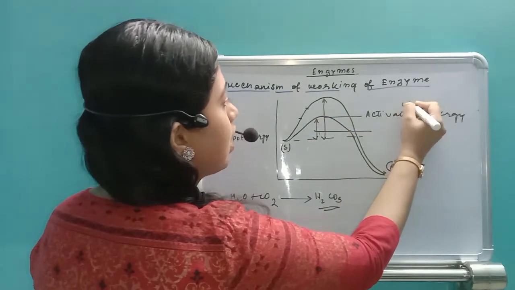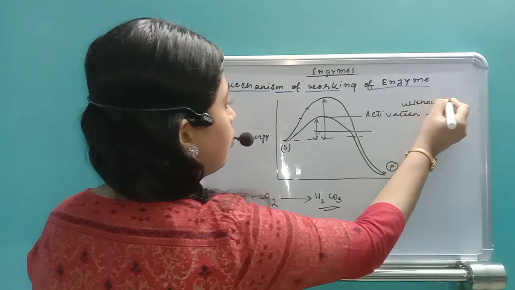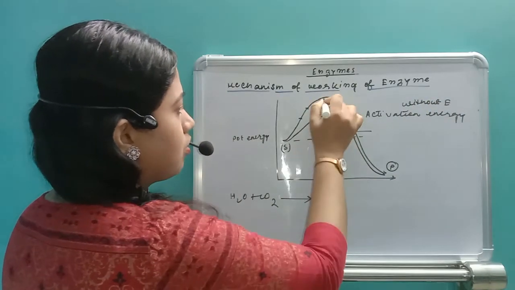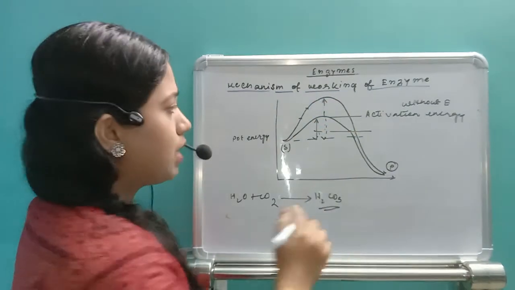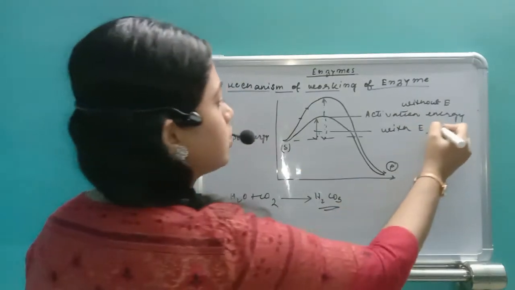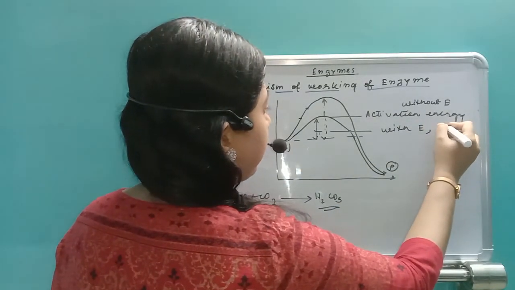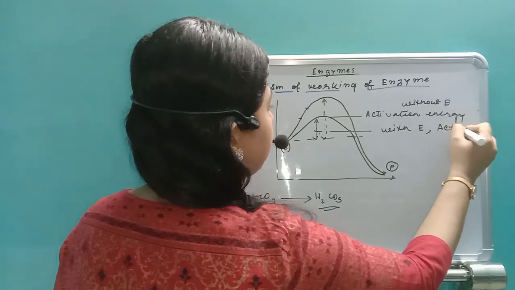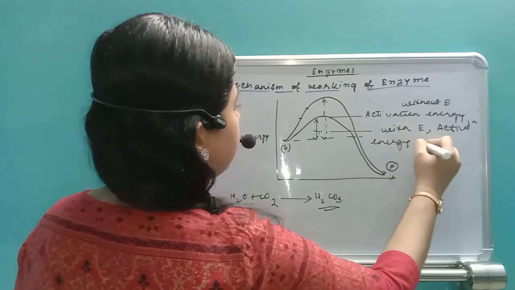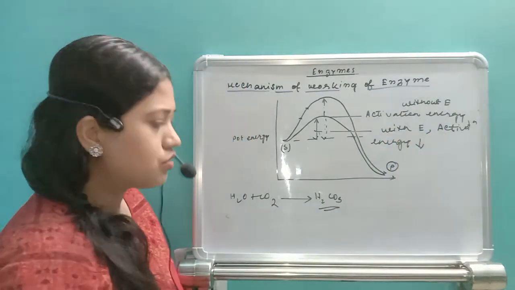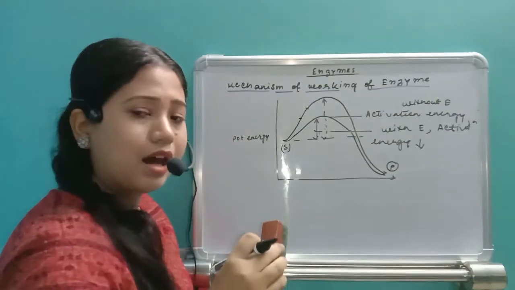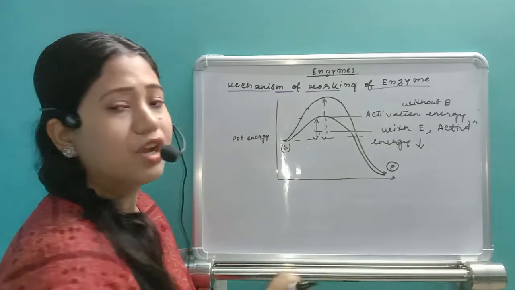Without the enzyme, the activation energy is very high. This is the activation energy without the help of the enzyme. But with the help of the enzyme, the activation energy will be decreased. So just remember, with the help of the enzyme it decreases the activation energy and increases the rate of a reaction.